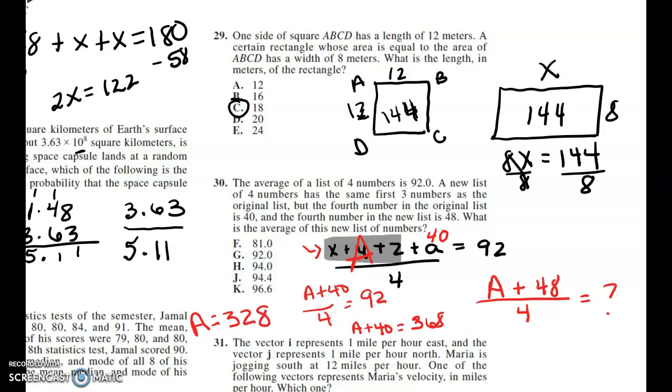So now that I know that all 3 of those numbers have to equal 328, let's plug that in there. 328. You can type all of this in on your calculator now. So 328 plus 48, and then again we want to divide by 4. So your new total is 94.